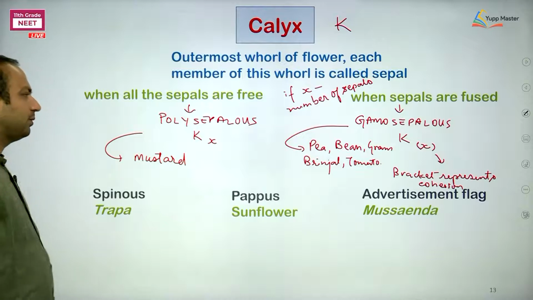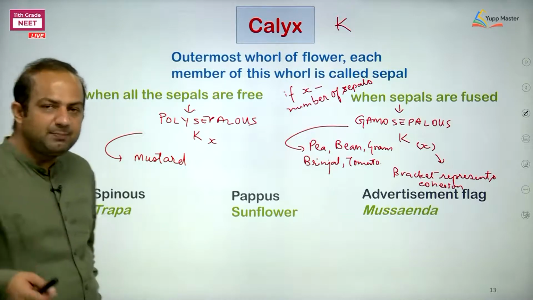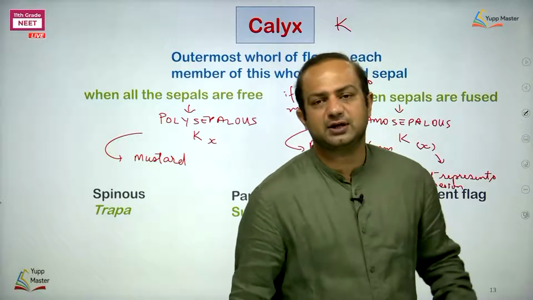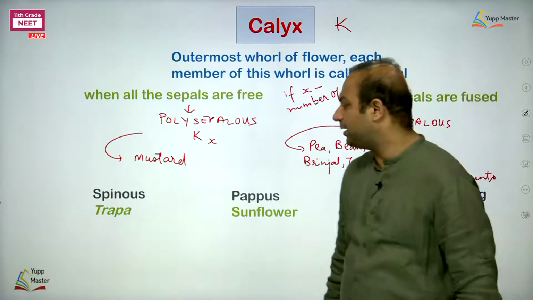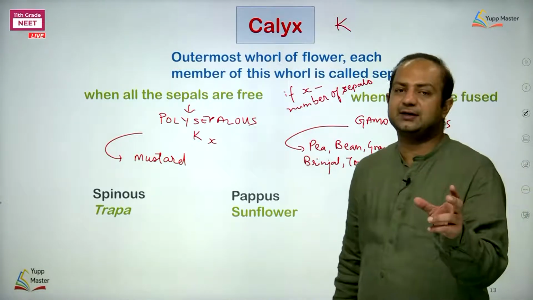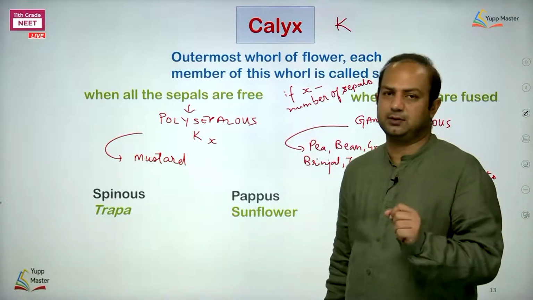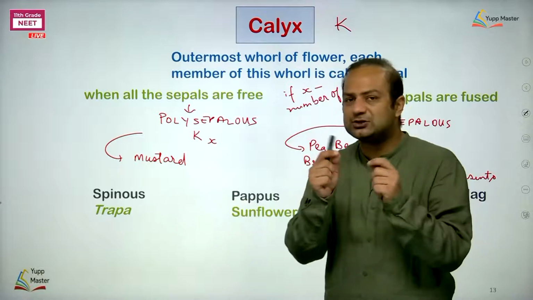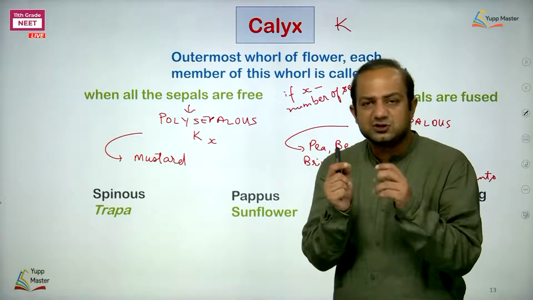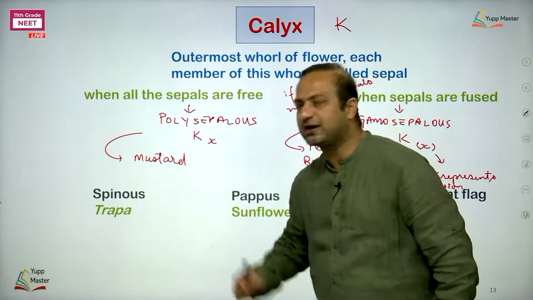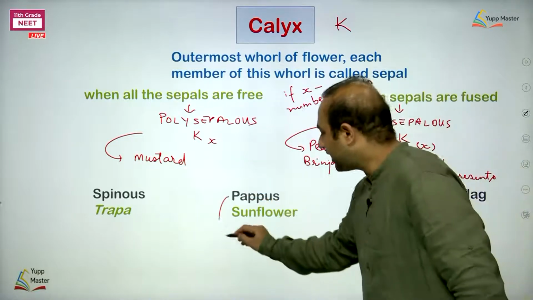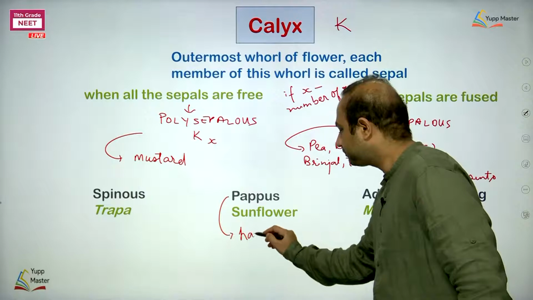Okay, fine. The sepals may be modified for other structures, or doing something else. For example, in the fruit of Trapa natans, means water chestnut, or vernacular name singhara, that structure has spines on the surface. Those spines are actually modification of calyx. The same way in sunflower, the calyx is hairy.